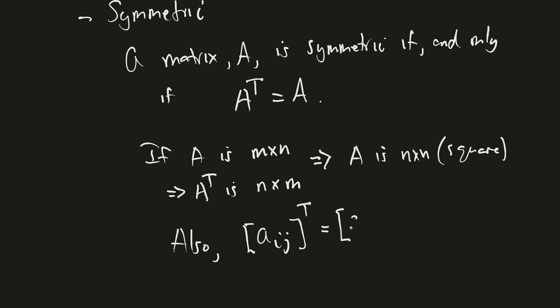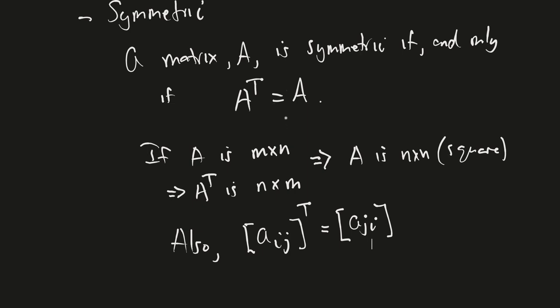So it would be A, J, I. What this is saying is that for symmetric matrices, the entry in row I and column J must be the same as the entry in row J, column I. Otherwise, they wouldn't be equal, and we wouldn't have this definition.